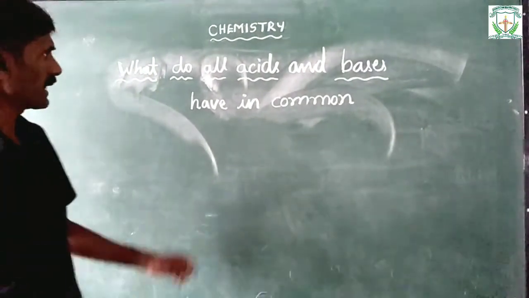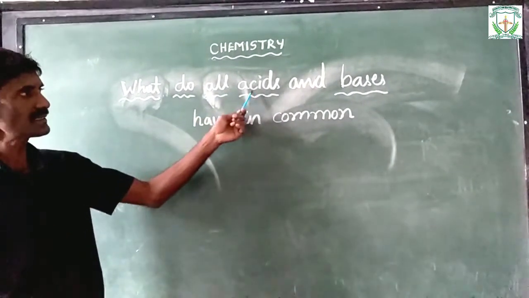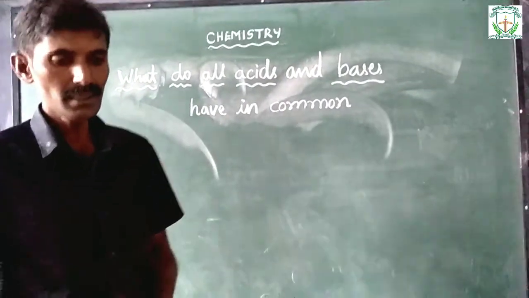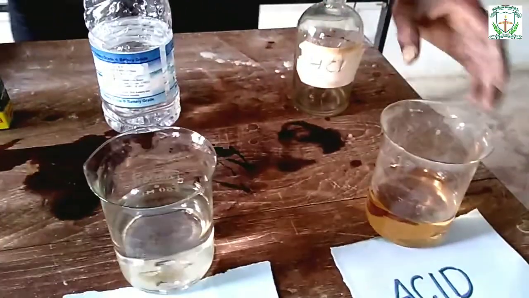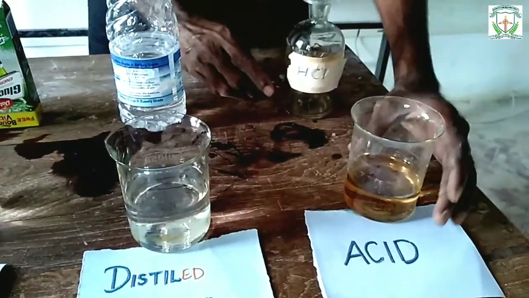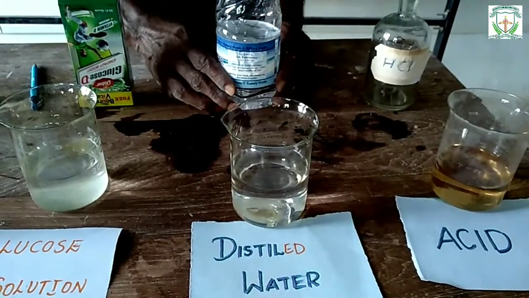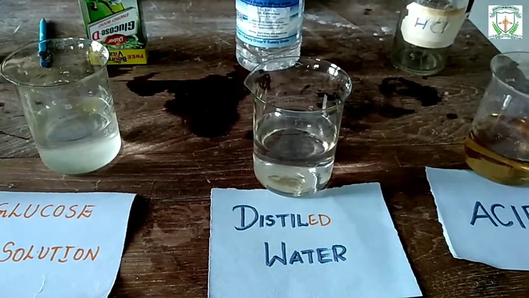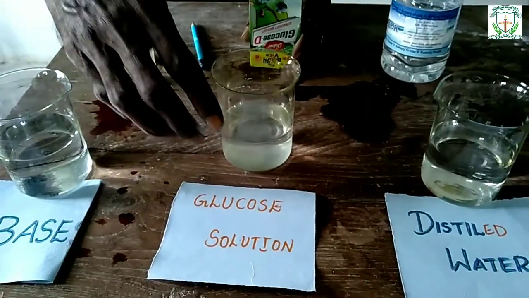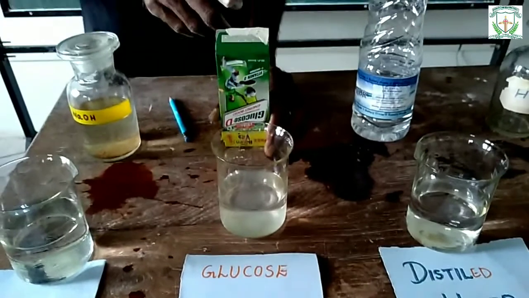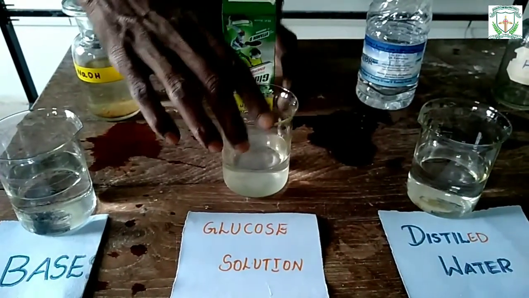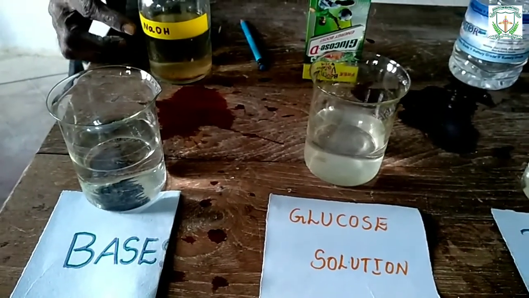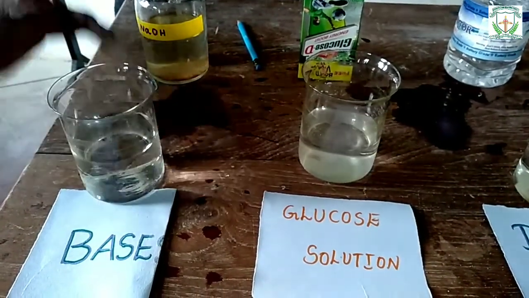Okay children, the next activity: what do all acids and bases have in common? Let us see these solutions. Hydrochloric acid in a beaker, then distilled water in another beaker. I prepared a glucose solution with glucose and distilled water. Sodium hydroxide, a base, I have taken in this beaker.